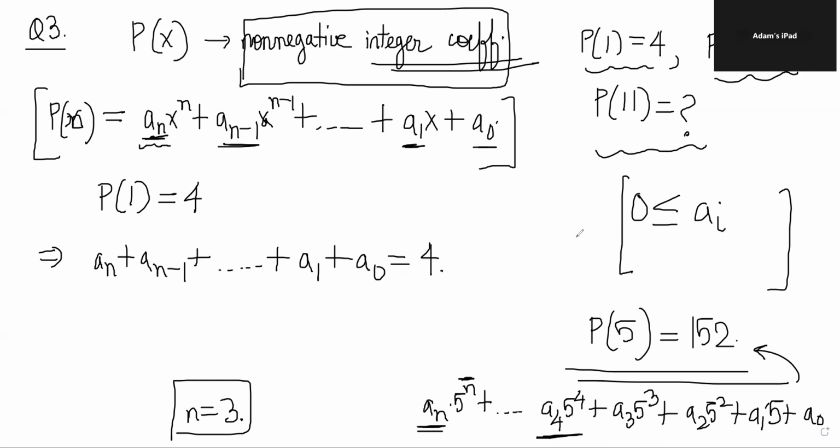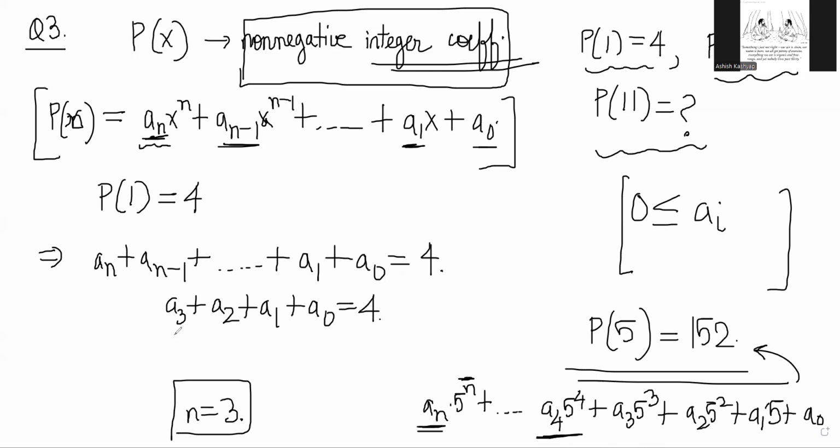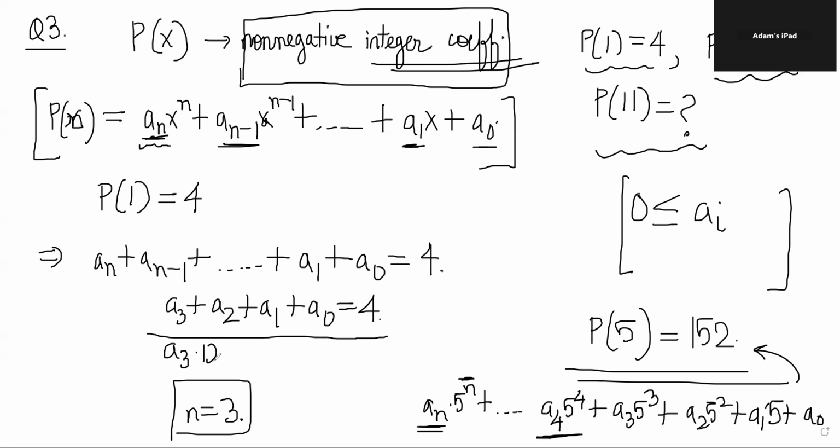Great. Then what I did is I wrote it as a plus bx plus cx squared plus dx cubed. Then for that, you can check pretty much that a_3 can either be 0 or 1.